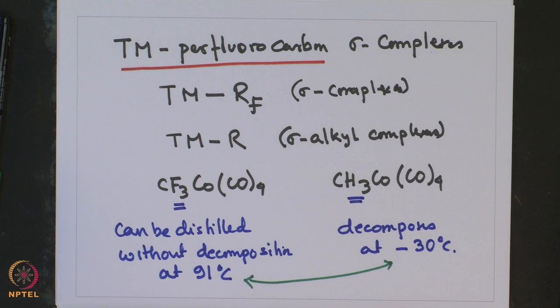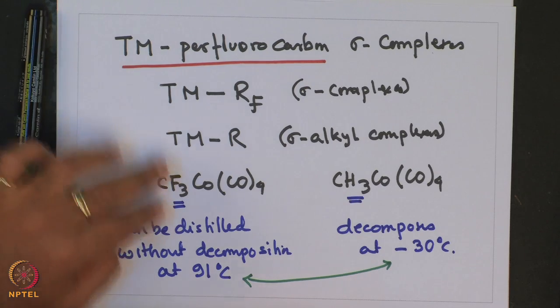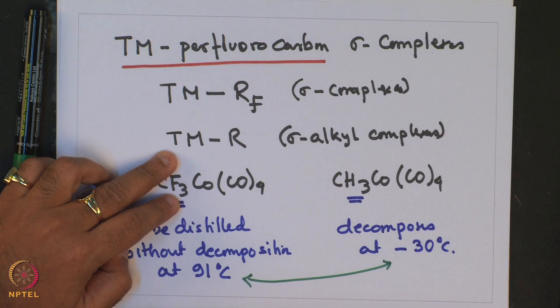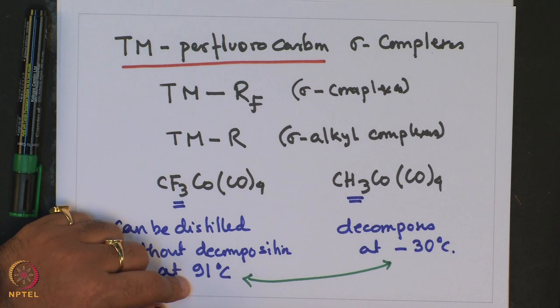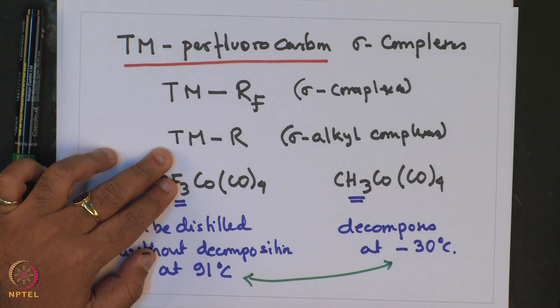So, even though these complexes are very much structurally similar to the transition metal alkyl complexes, their properties are significantly different, and that is what makes them interesting to study vis-a-vis these transition metal alkyl complexes, to understand why and how they behave differently from their related transition metal sigma alkyl counterparts.